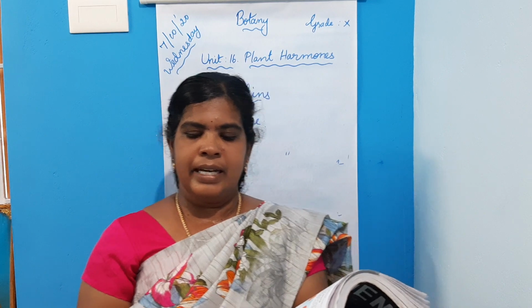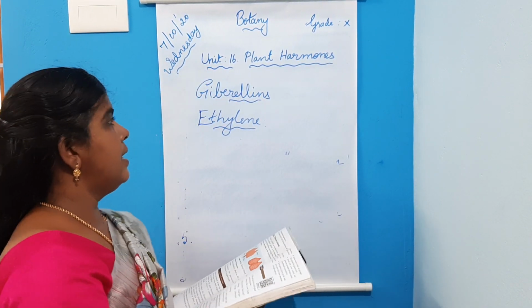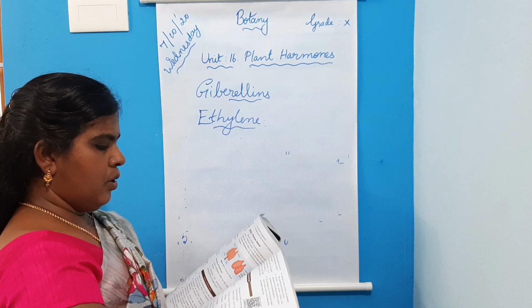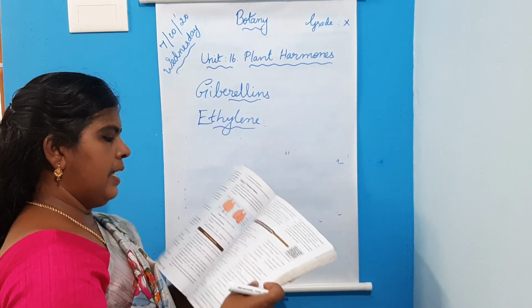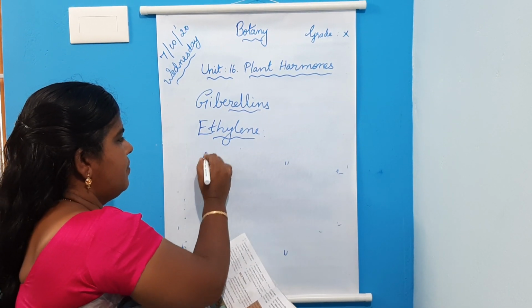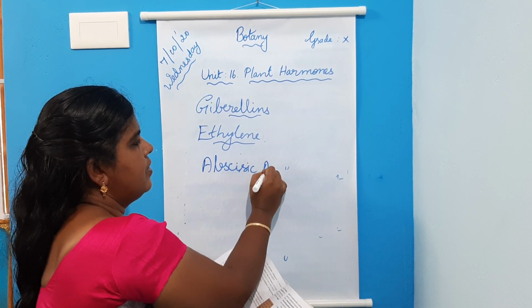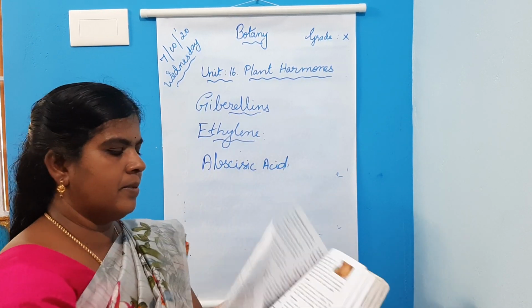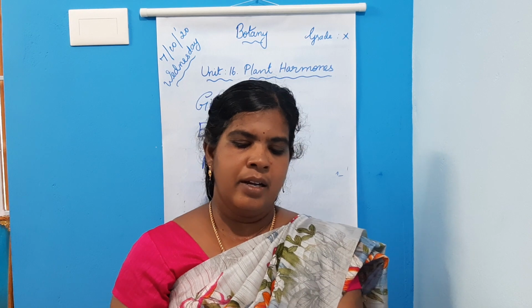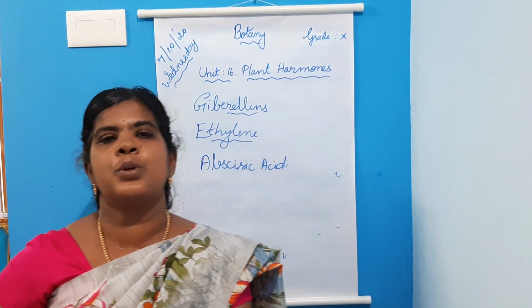Next one: abscisic acid causes stomatal closure, right? Abscisic acid. The next one, gibberellins induce stem elongation in rosette plants.